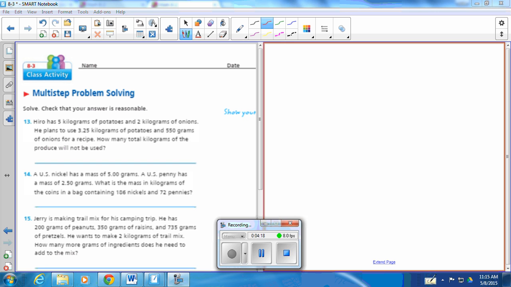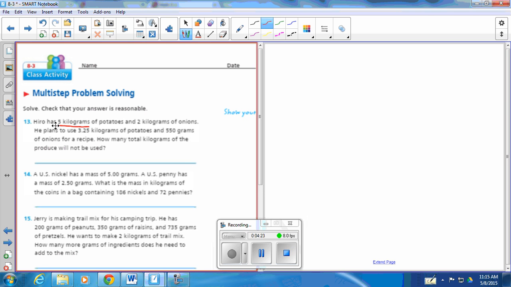Hero has 5 kilograms of potatoes and 2 kilograms of onions. He plans to use 3 25/100 kilograms of potatoes and 500 grams of onions for a recipe. How many total kilograms of the produce will not be used? Okay. So total kilograms will not be used.